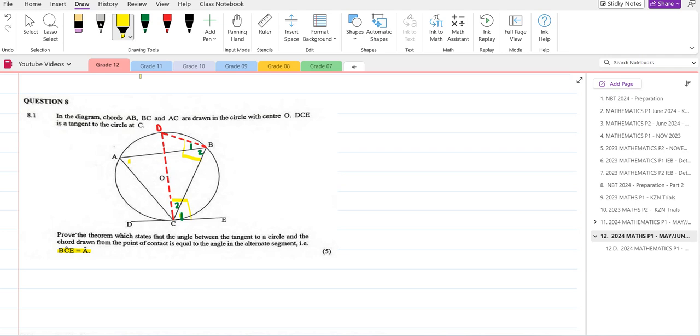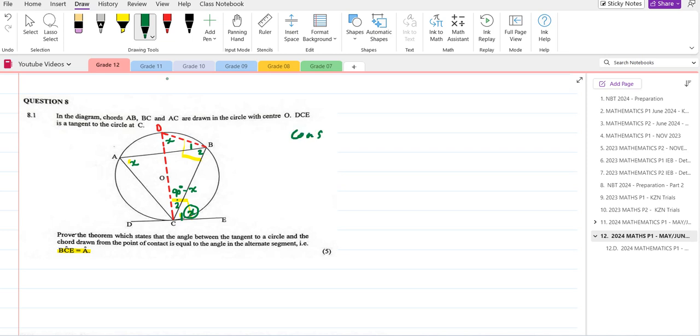Call angle C1 equal to x. If angle C1 is x, angle C2 is 90 minus x in the right angle triangle. So angle D is x. Then, angles in the same segment: D becomes x and A becomes x. So it's proved. Now let's write it down.